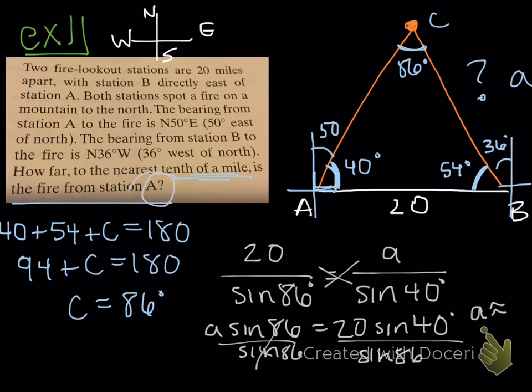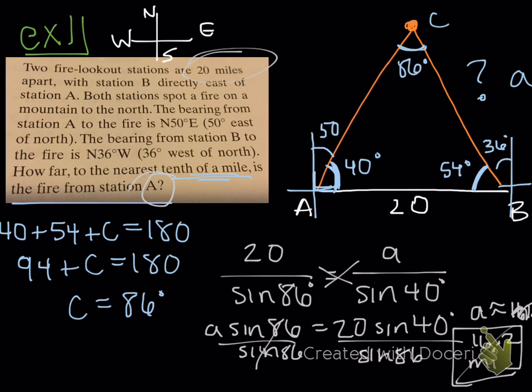And my answer for a is going to be 16.2. And the units in this problem is miles, so we would say miles is our final answer right here. So that is an example, again, of an application for these problems.